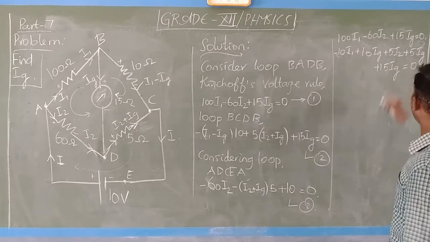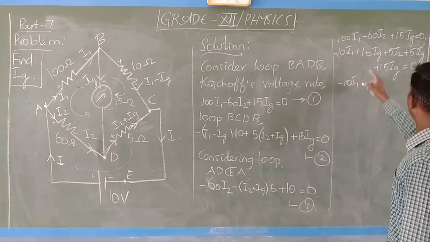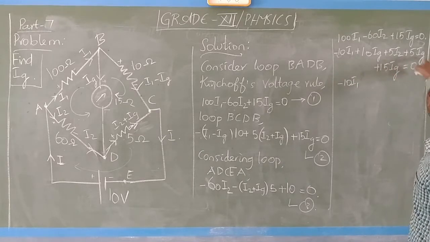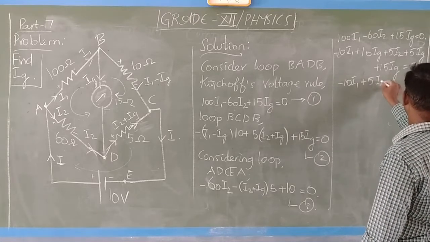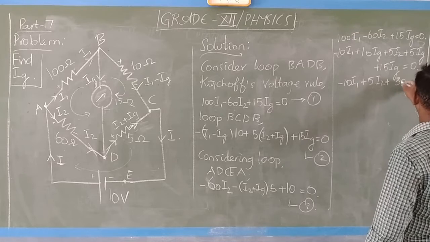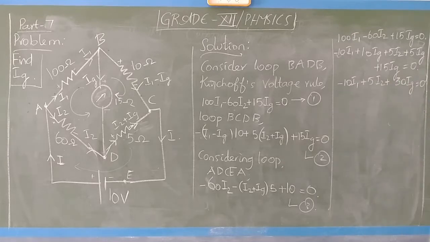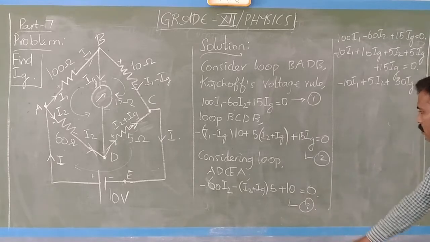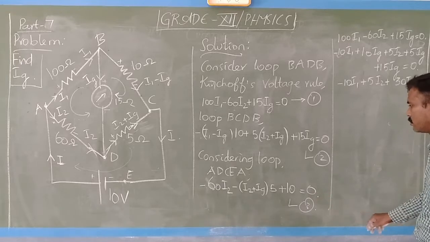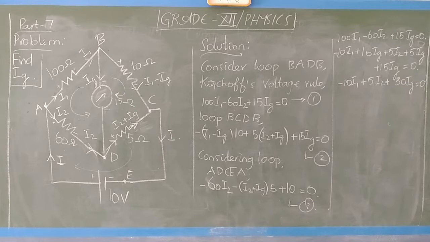I will rewrite everything. Minus 10 I1, Ig is 10, 15, 30, plus 5 I2 plus 30 Ig. That is equal to, then the last one is, here there is no I1. Yes, we have only I2 and Ig here.